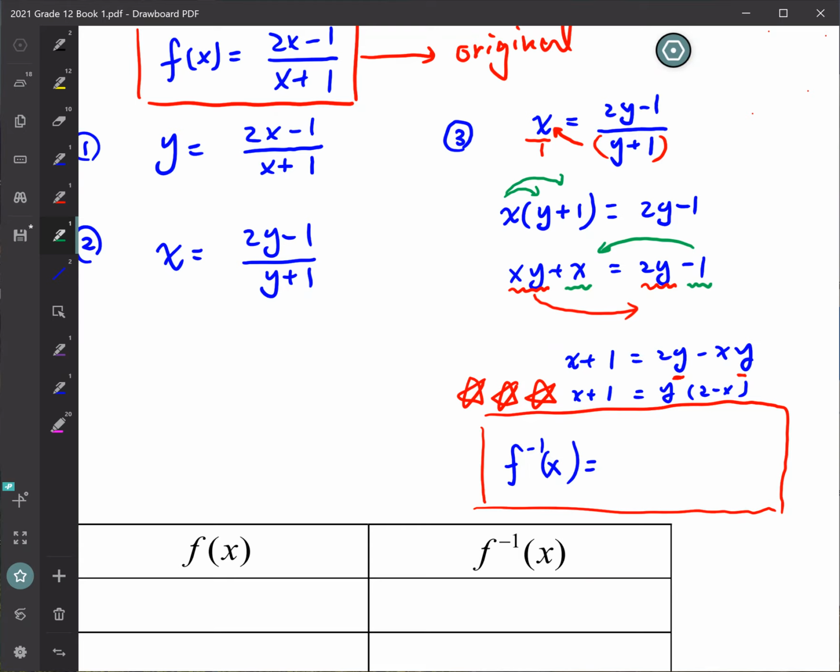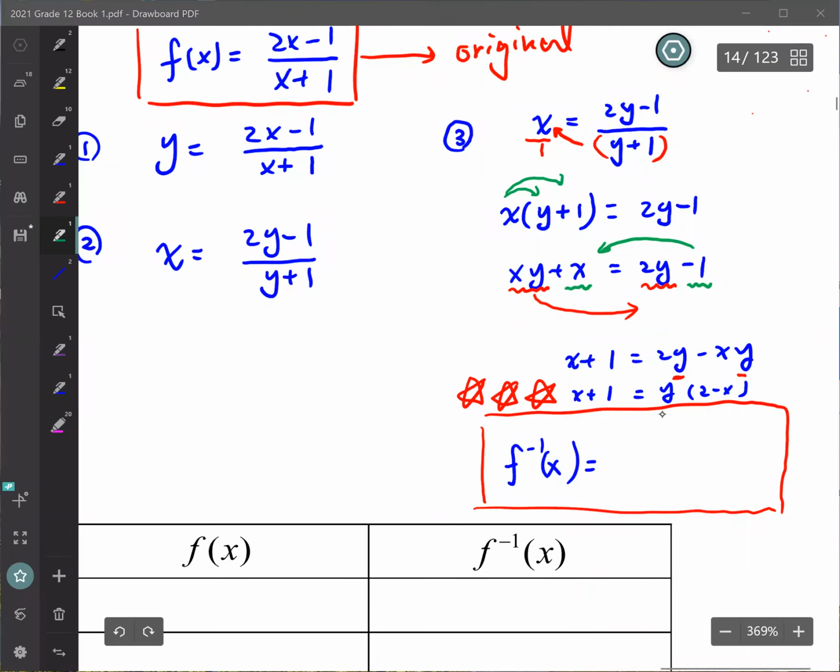So what should we do after that, Jenny? How do we isolate the y now? We are at the start here, the 3-star part. After there, we got a y outside the bracket.